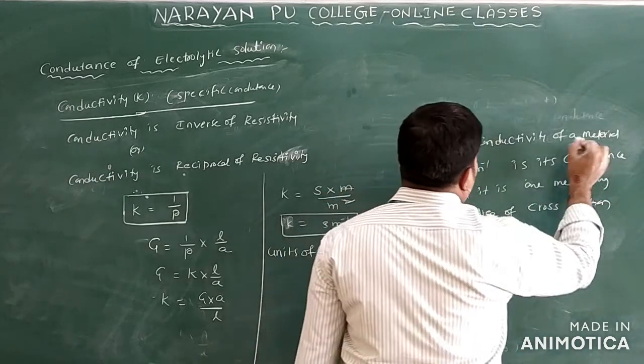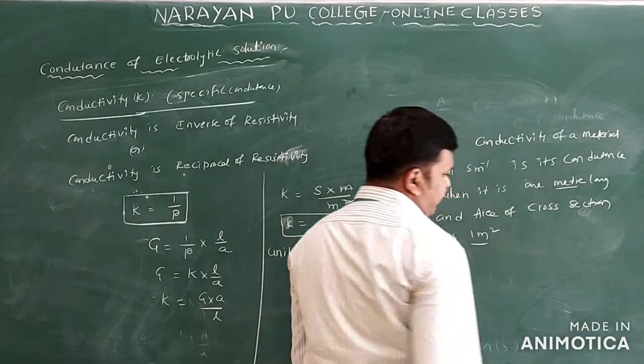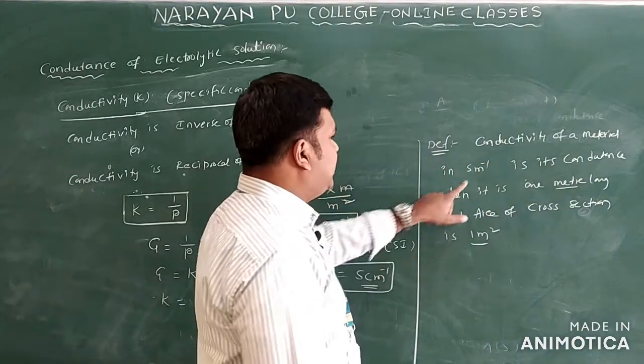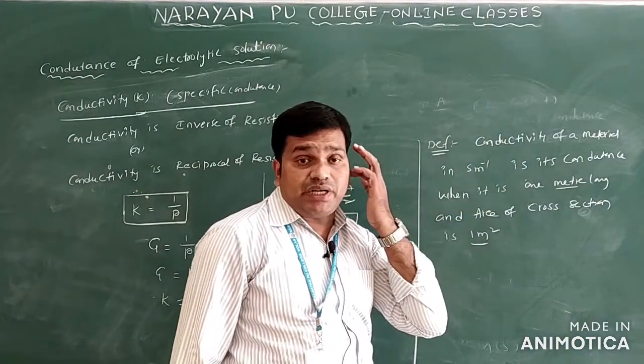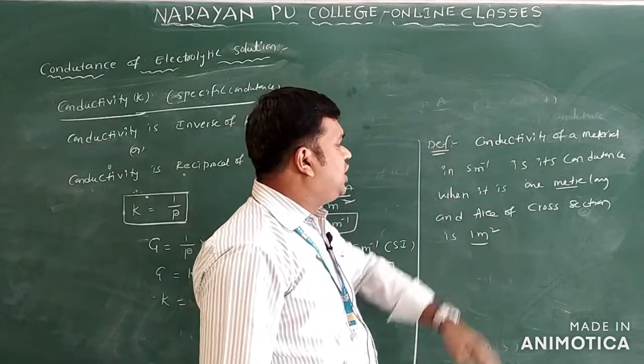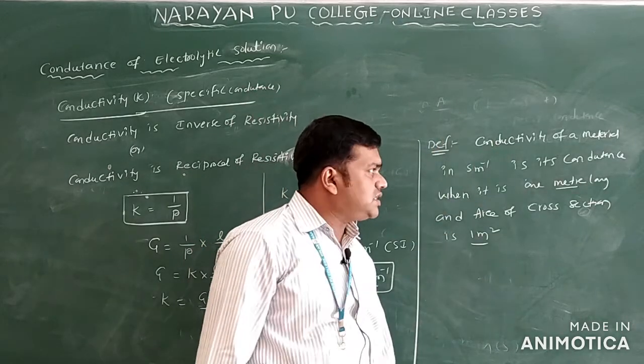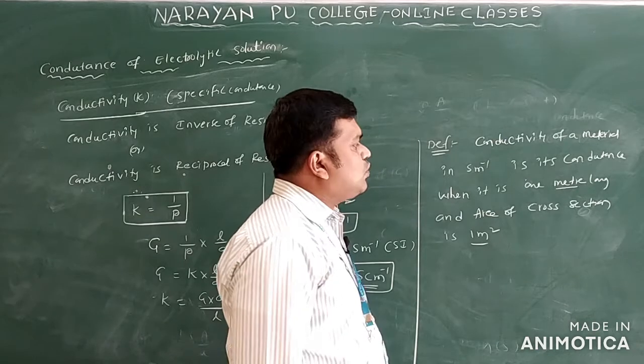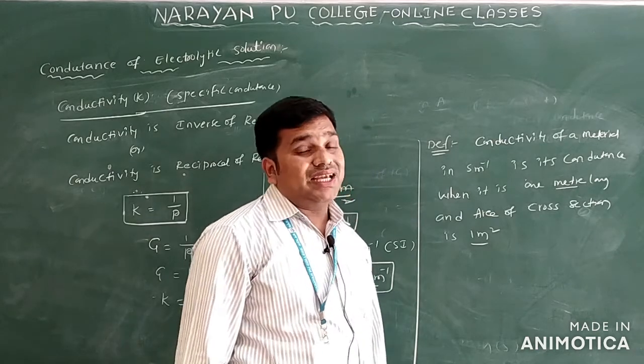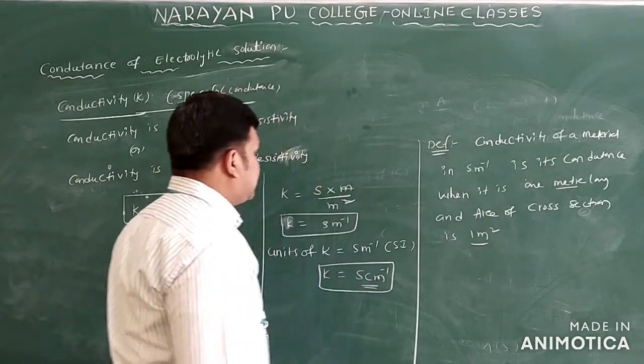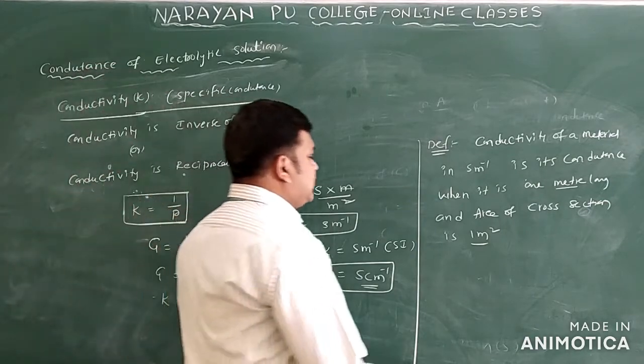If you want to take it in centimeters, you will get Siemens centimeter inverse. Taking G is equal to K into L by A, length L is 1 meter and area is 1 meter square.